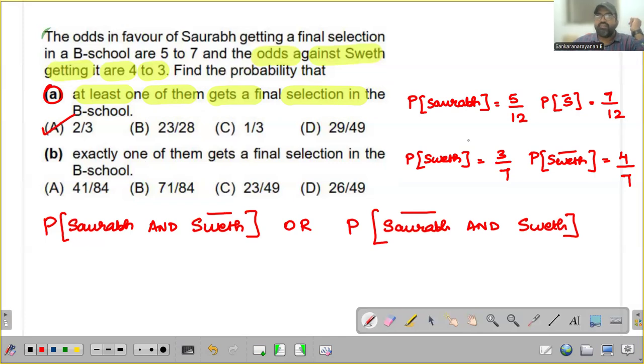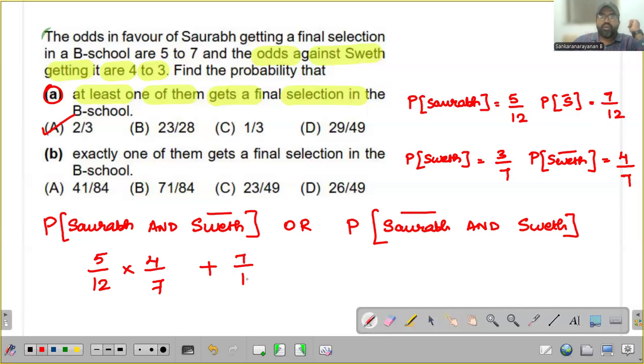So now it is easy. The probability that Saurabh gets selected is how much? It is 5 by 12. And Shwet not getting selected, it is 4 by 7. Please observe, it is 5 by 12 into 4 by 7 plus the probability that Saurabh didn't get selected. What is that? It is 7 by 12.